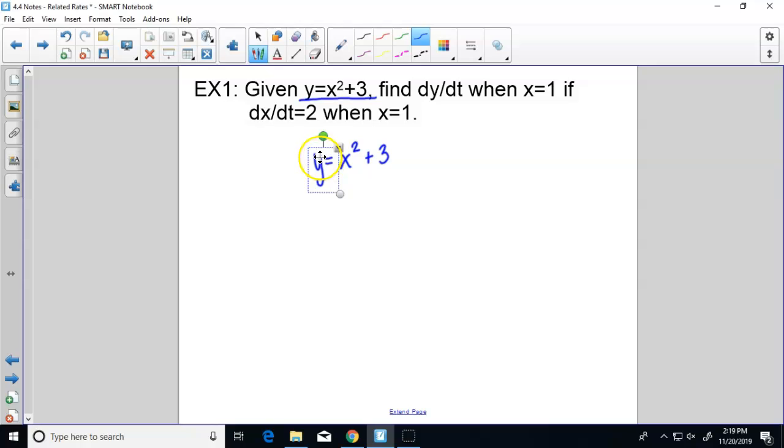When I take the derivative of y, which is just 1, I have to put a dy/dt with it. And when I take the derivative of x squared, I have to do 2x, but then I also have to put dx/dt with it. And then, of course, our derivative of plus 3 is 0, so we don't really include that.